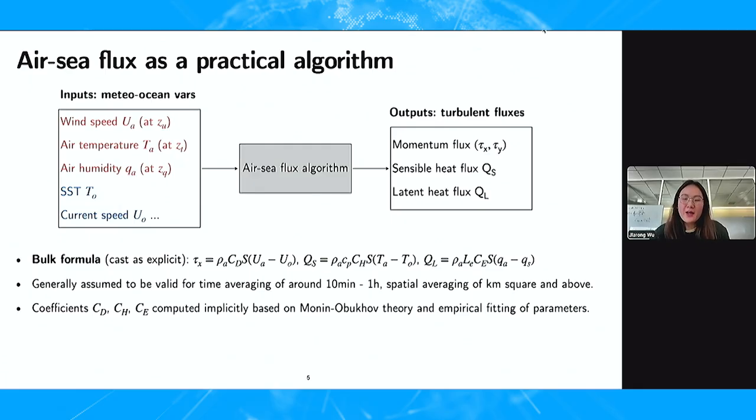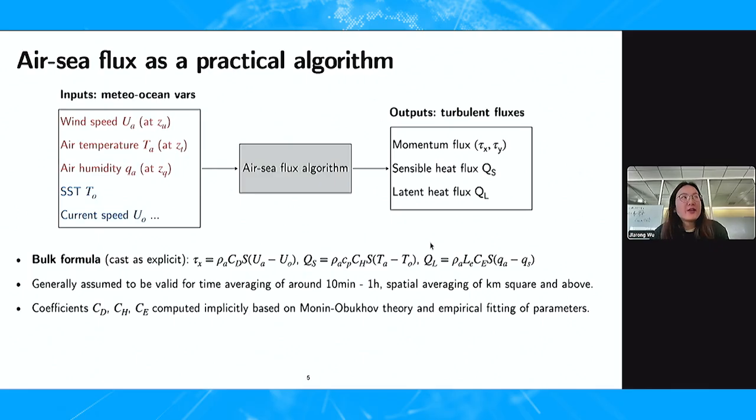And this coefficient actually needs to be computed implicitly. And there are important parameters within the use of Monin-Obukhov theory, including, for example, the self-similar shape and the roughness length, etc., that need to be empirically fitted to observations.